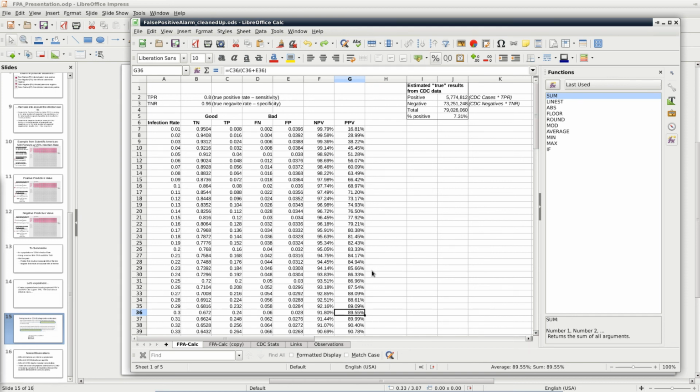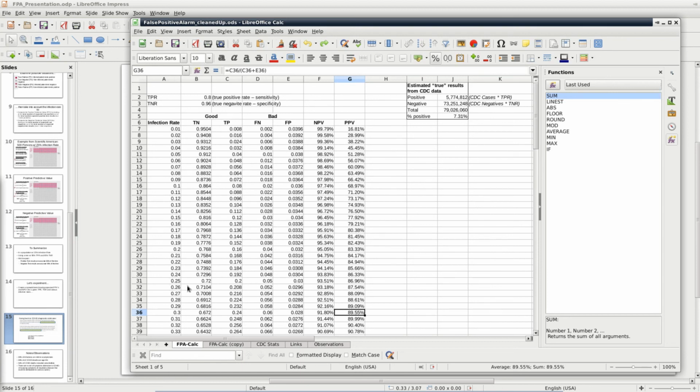So you can't really use the test itself to judge the accuracy of the test itself. I could be wrong. There may be techniques for doing that. This is where we're getting into questions that I'm putting out there for someone who knows. So how can we have a reasonable estimate of the infection rate of the people who are being tested?